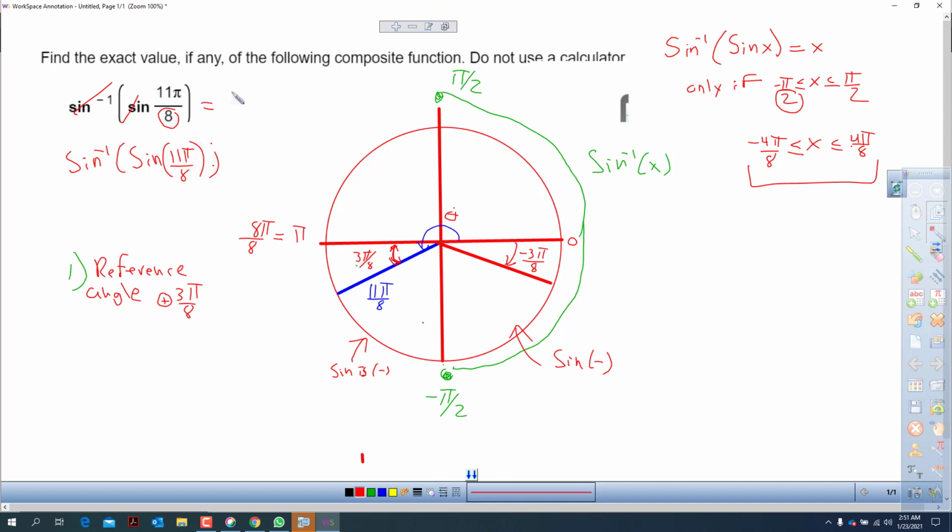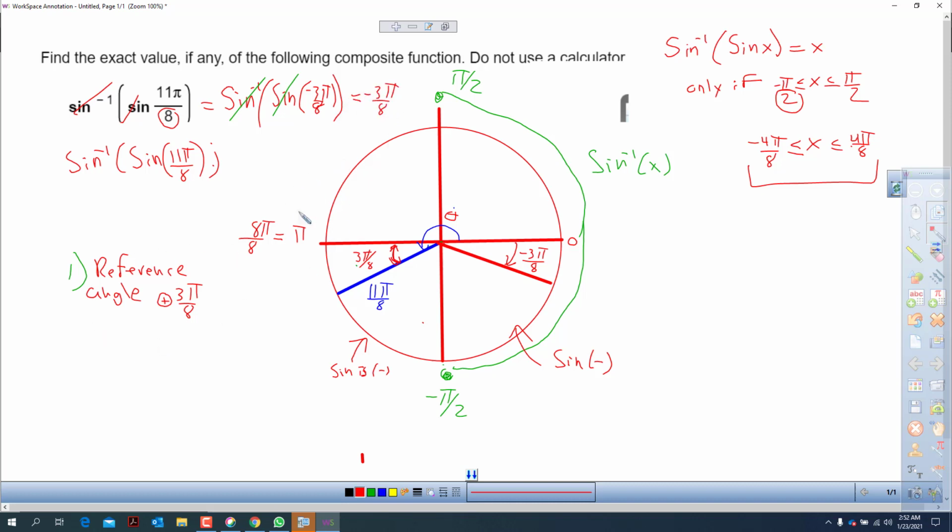If you do sine inverse of sine of negative 3 pi over 8, like that, now we can actually say that this is in the interval, and we can cancel these two, sine inverse and sine, and the answer will be negative 3 pi over 8.